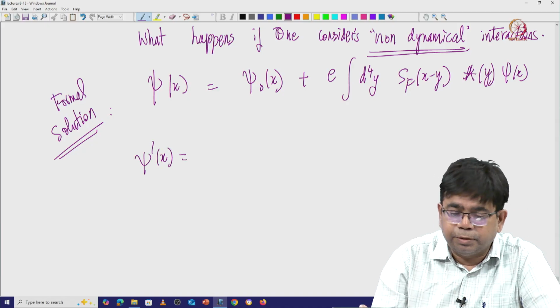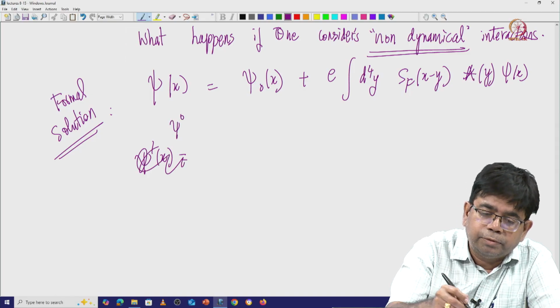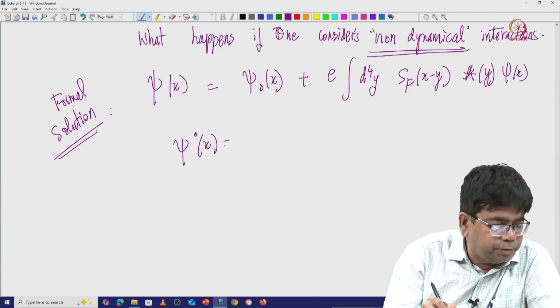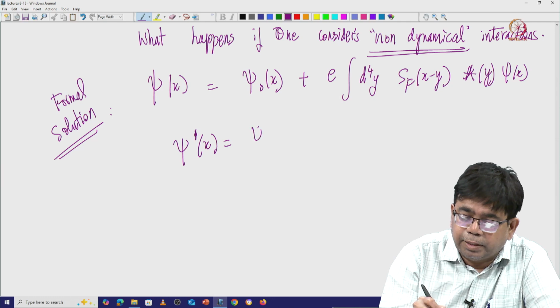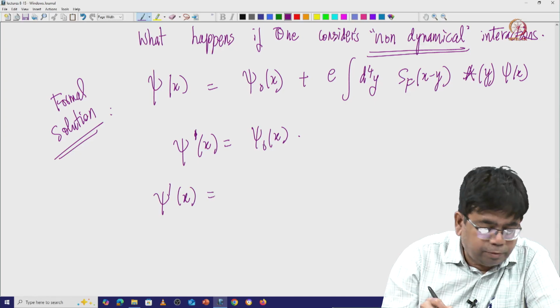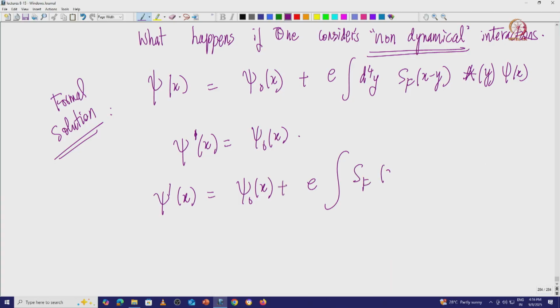So this is the most general solution. But what we do is, first we take psi 0 as a free particle solution. Then psi prime of x is equal to psi 0 of x plus e integral S_F(x minus y) A-slash psi(y) d^4y, and this psi 0 is free.